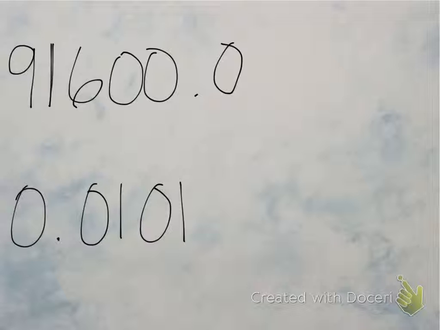All right, hopefully you have these done. Let's take a look. Non-zero, non-zero, non-zero. Those are all significant, easy ones. Now let's skip. We're going to skip this one and we're going to skip this one. We're going to move over to this 0 on the end. This is in the decimal place, or the decimal portion. It is trailing. It is at the end.